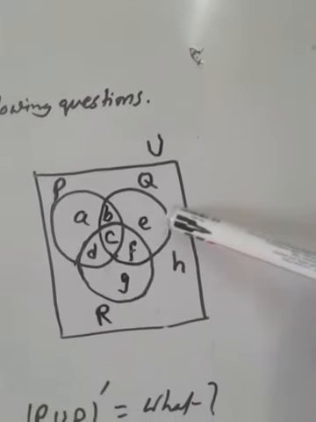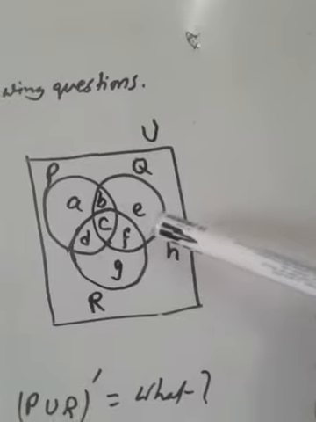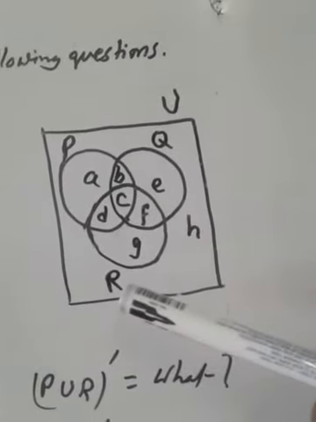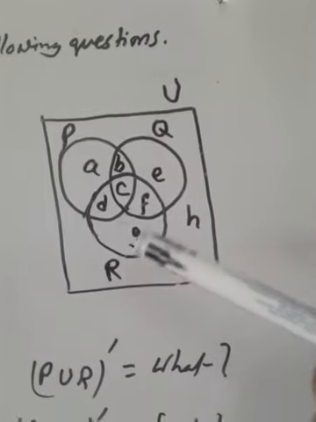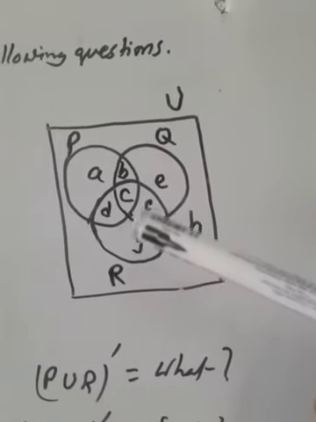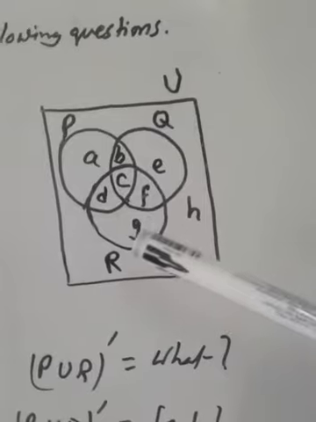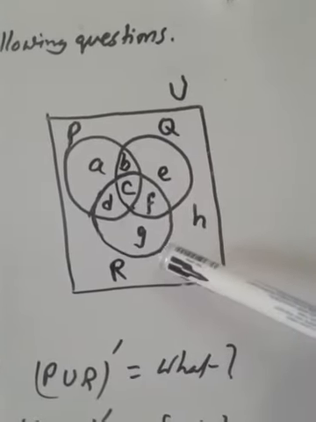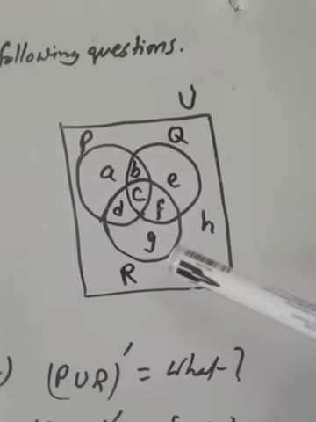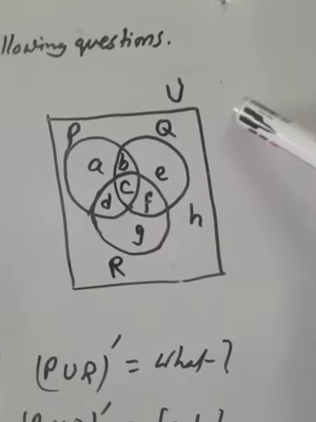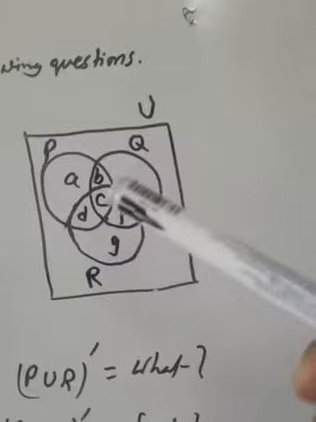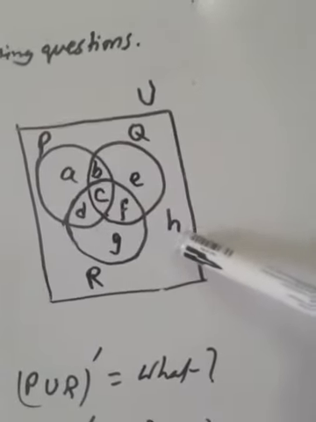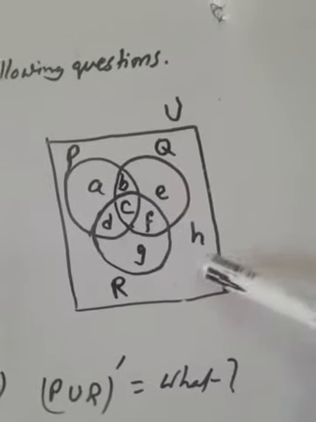In the Q circle we are getting B, C, E, F. Set Q equals B, C, E, F. Set R equals what? In circle R we are getting C, D, F, G. Set R equals C, D, F, G. And set U equals A, B, C, D, E, F, G, and H also.